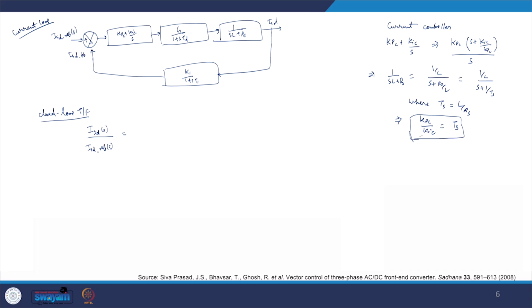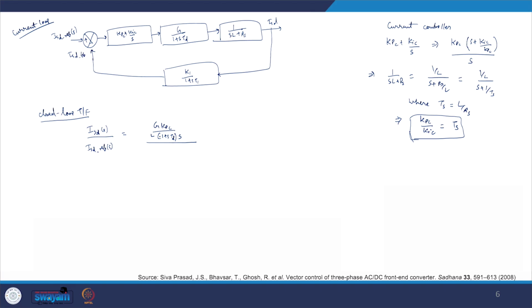So this is one condition we have arrived at. I am cancelling out this pole with this zero. Now we can further simplify this loop, and from the closed loop transfer function we can write it as G Kpc by L, 1 plus S Td, divided by S. This S comes from this one, and Kpc comes from this one.